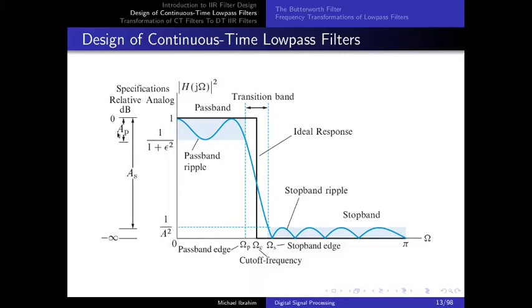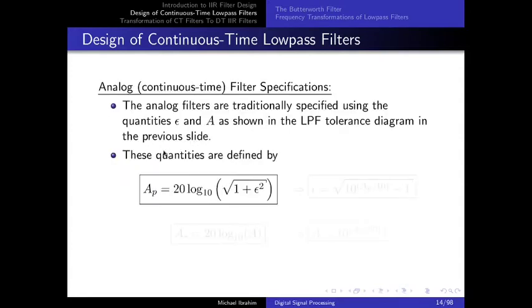In other words, AP would be equal to 10 log 1 plus epsilon squared. As you can see over here, we can write AP as 20 log square root of 1 plus epsilon squared, which is equivalent to 10 log 1 plus epsilon squared. And from this equation, we can write epsilon in terms of AP: 10 to the power AP over 20 minus 1, under square root, gives you epsilon.